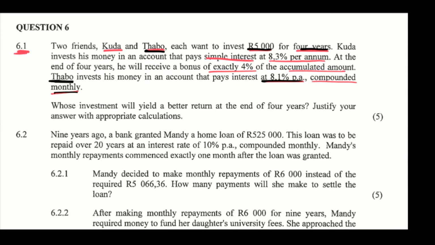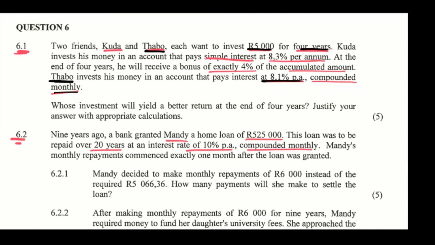So now we're going to do 6.2, which says that 9 years ago a bank granted Mandy a loan of 526,000. This loan was to be repaid over a period of 20 years at an interest rate of 10% compounded monthly.